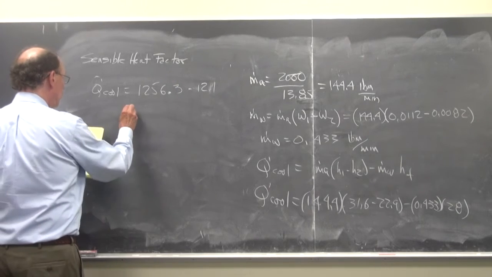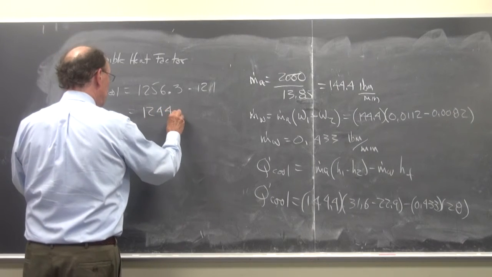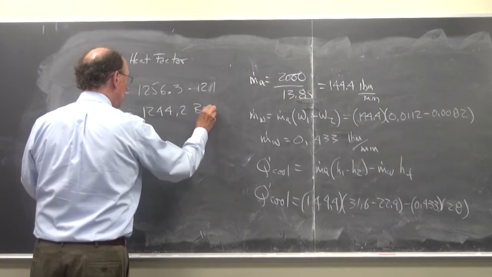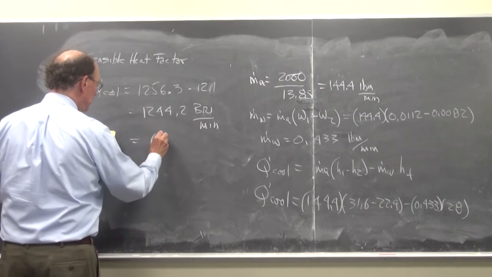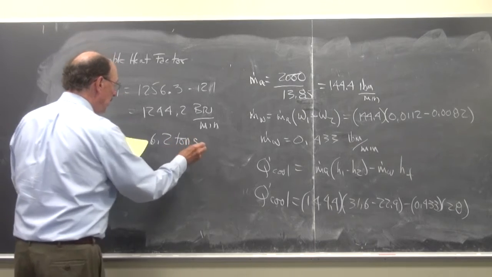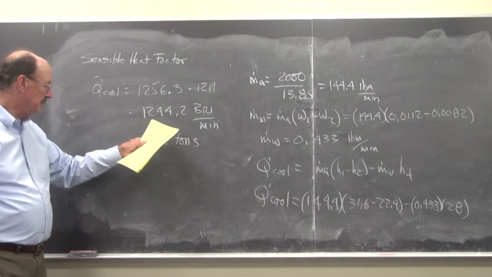And so this is equal to 1244.2 BTUs per minute. If I divide this by 200 BTUs per minute per ton, I get 6.2 tons.